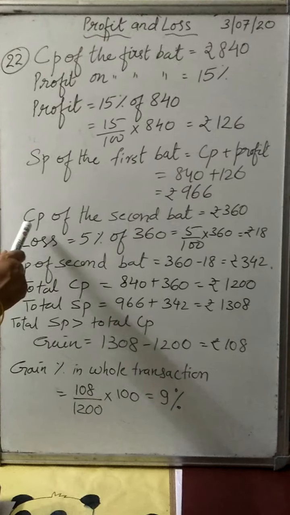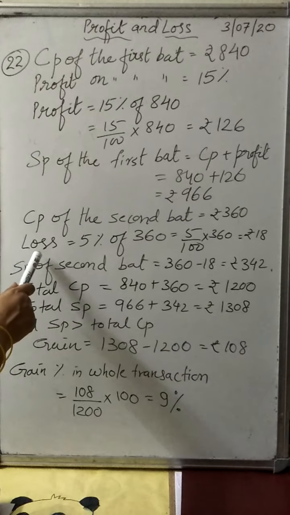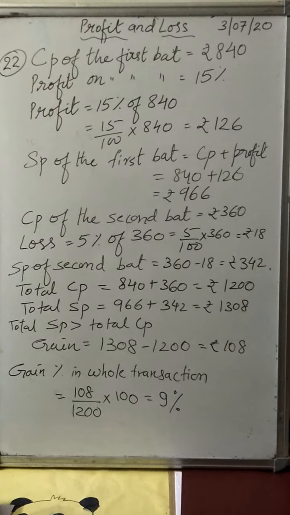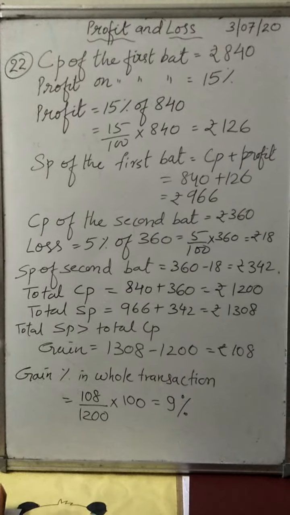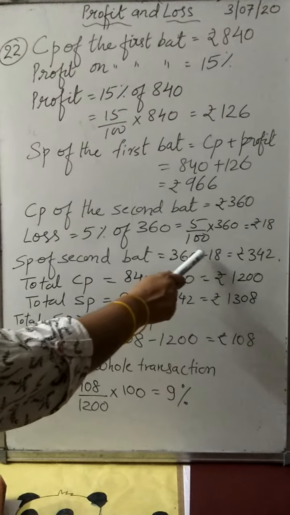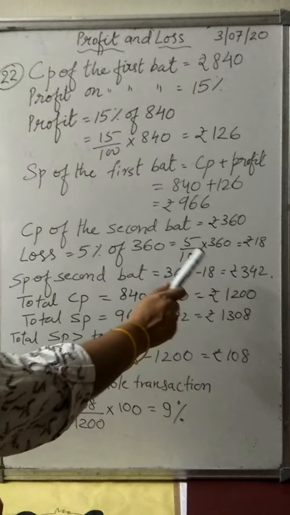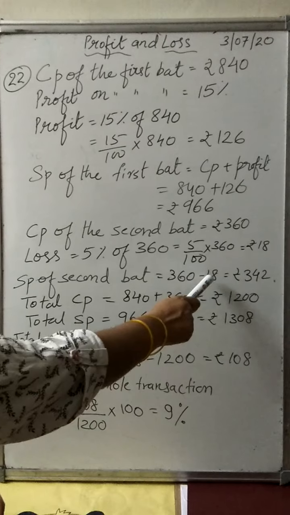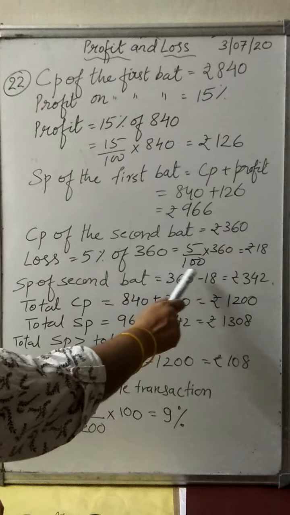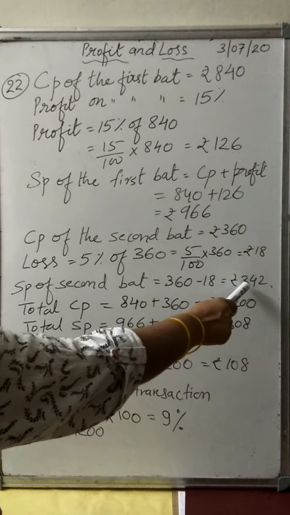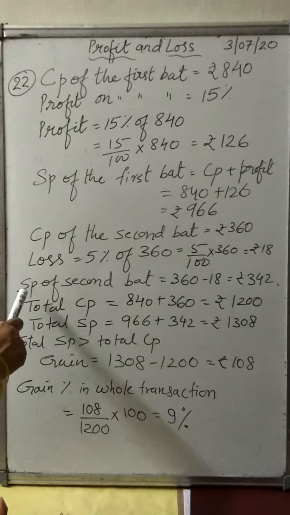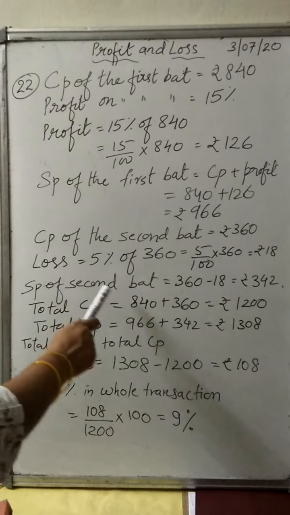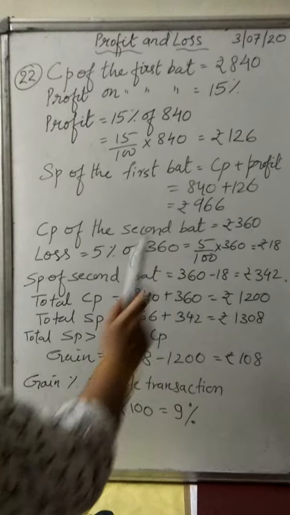Now, if CP is known, loss is known, then the formula to calculate selling price is CP minus loss. 360 minus 18. What is 360? CP. And 18 is loss. CP minus loss, that is 342. So selling price on the second bat is 342.